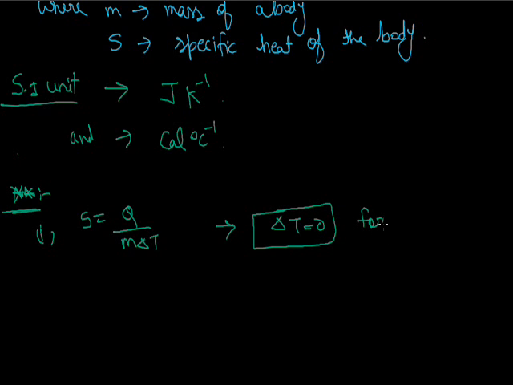For example, if ice melts into liquid, its phase changes from ice to liquid. At that time no temperature change occurs, so delta T is equal to 0.